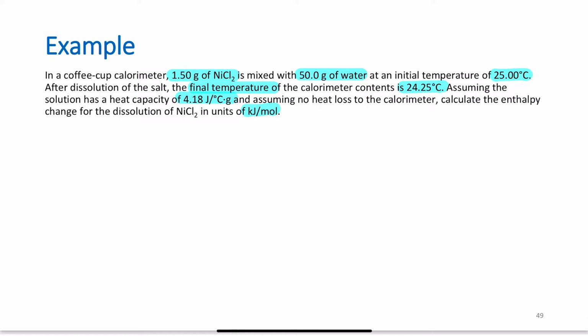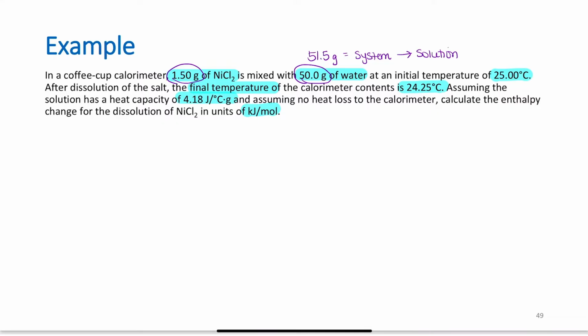Okay, so lots going on here. We've got 1.50 grams of nickel chloride and 50 grams of water. That means in total, I have 51.5 grams of your system, which is the aqueous solution itself.